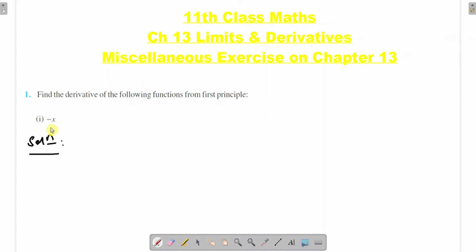Solution. What we have to do is call this minus x as one function f(x). So let f(x) be equal to minus x.